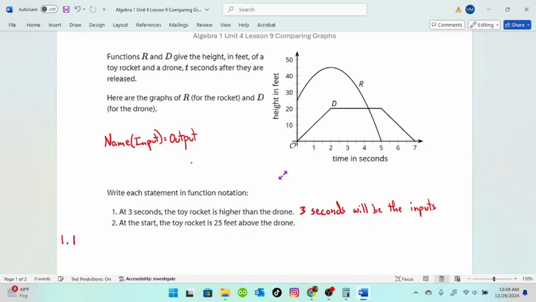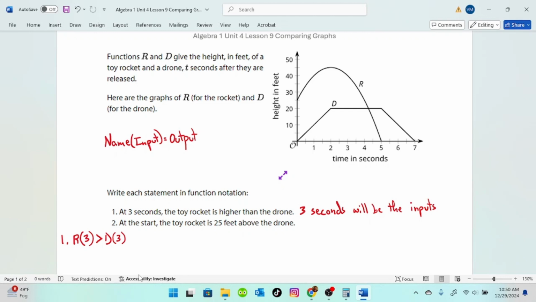so I want capital R for rocket, at 3 seconds is higher, that means greater than, the drone. The drone is capital D, and again, the input is going to be 3 seconds.